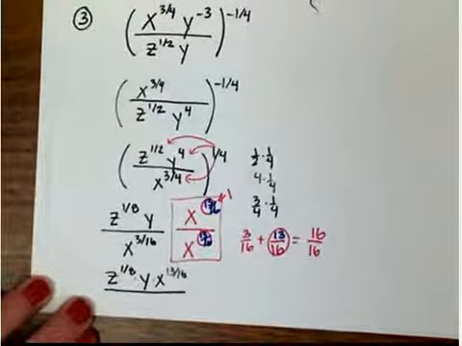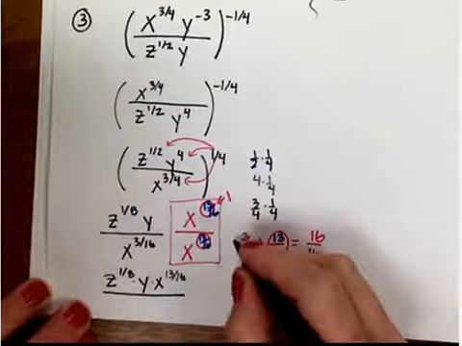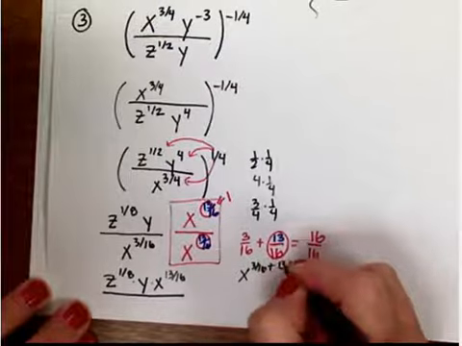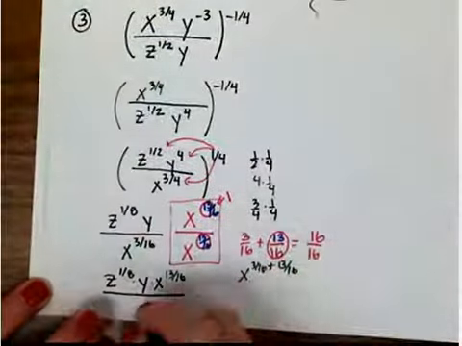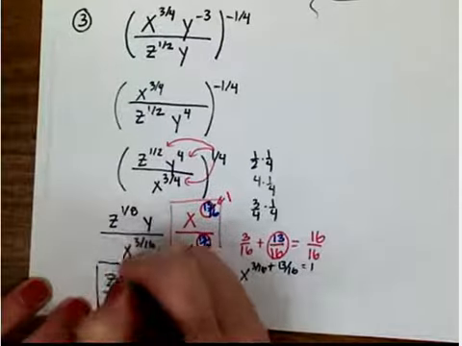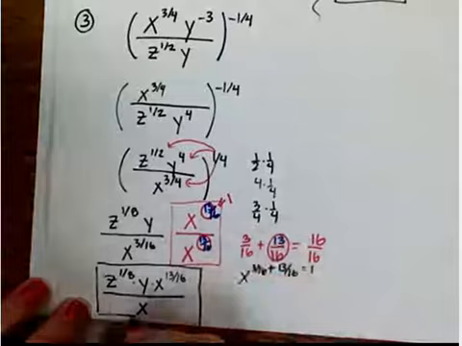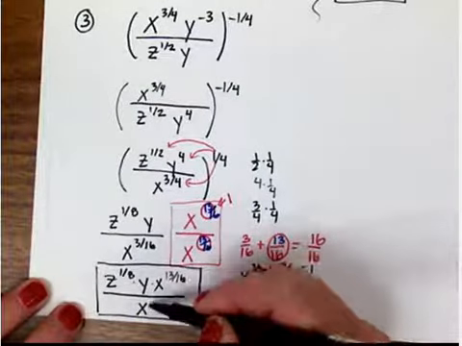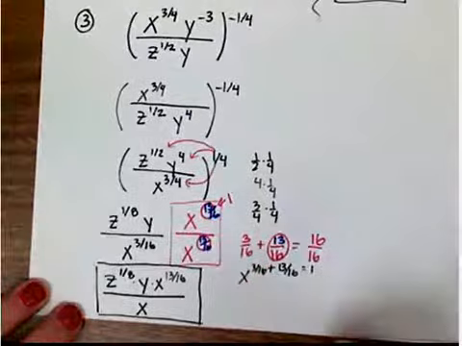Okay, what's my denominator? Well, we already know it's x to the 3/16 plus 13/16, so that is x to the first. Notice that the 13/16 is less than the 1.